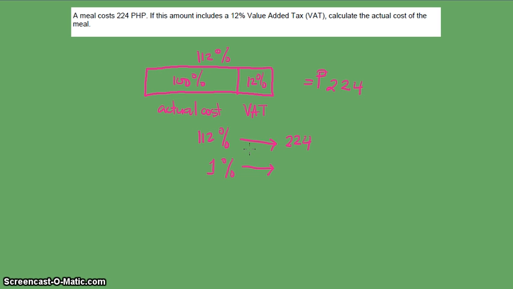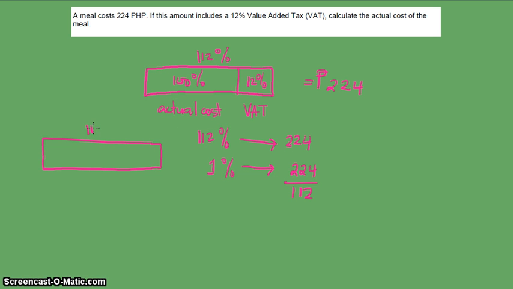So if 112% corresponds to 224, then 1% is equivalent to 224 divided by 112, right? So every percent is 224 divided by 112. Now to see that clearly, suppose we draw the same bar here.